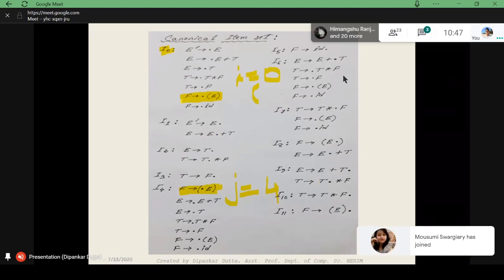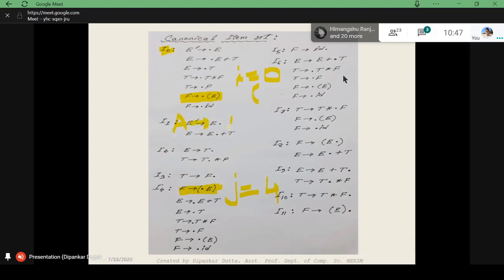Can we compare this production with A implies alpha dot a beta? Yes. Here alpha will be null, small a will be the left parenthesis, and beta will be E right bracket.